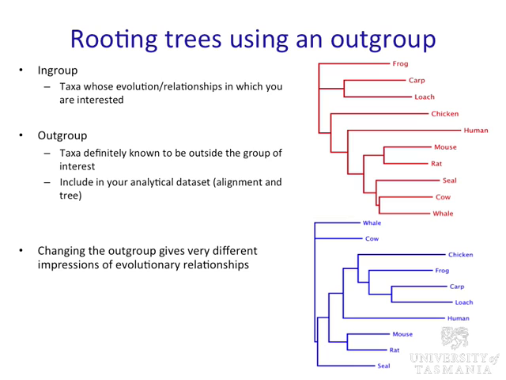You can still see some of the same groupings in there, but the way you would interpret that analysis is quite different depending on which organism you use as the base of the tree. So choosing a root for your tree is a crucial part of getting something that makes sense and is interpretable. If we change that outgroup, we get very different impressions of the evolutionary relationships.